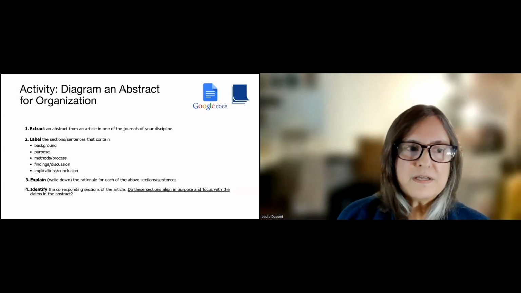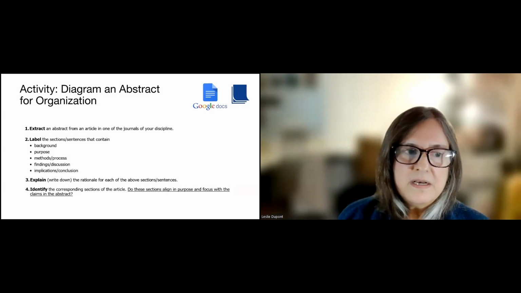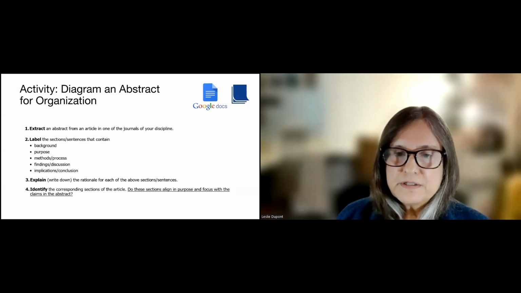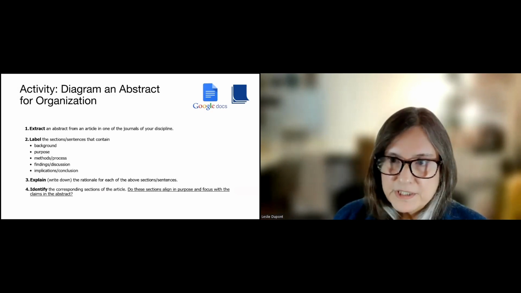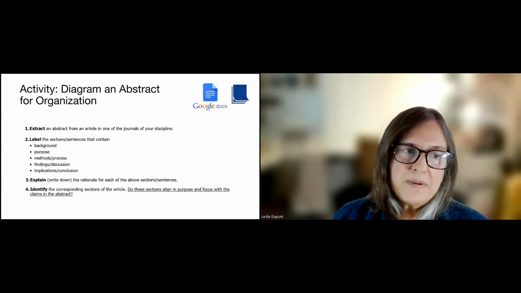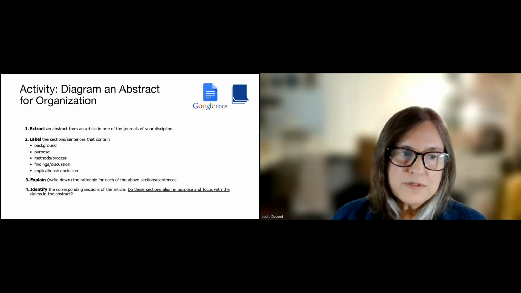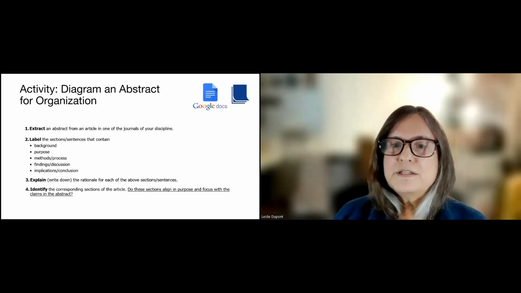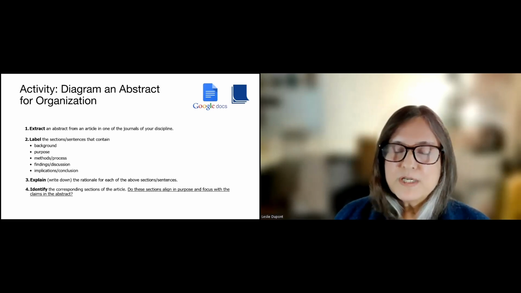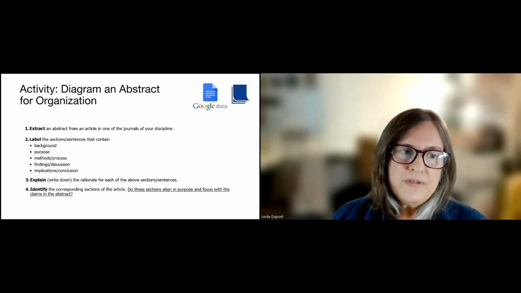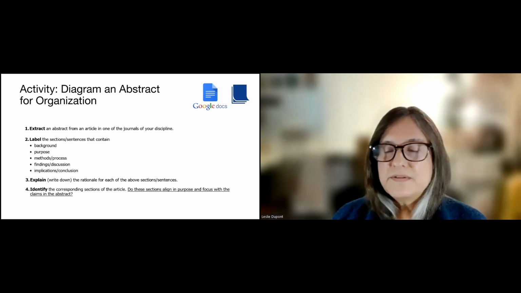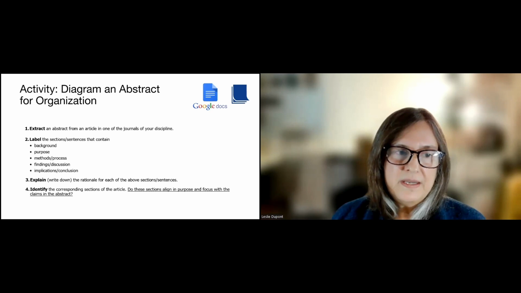So look for sections on background or context, a sentence or statement that has a purpose or an argument, a proposition, and then anything about a process or methods undertaking to, say, answer their research question that's embedded in that purpose statement or argument, and whether there are findings or results or specific discussion about those, and any conclusions drawn, implications.